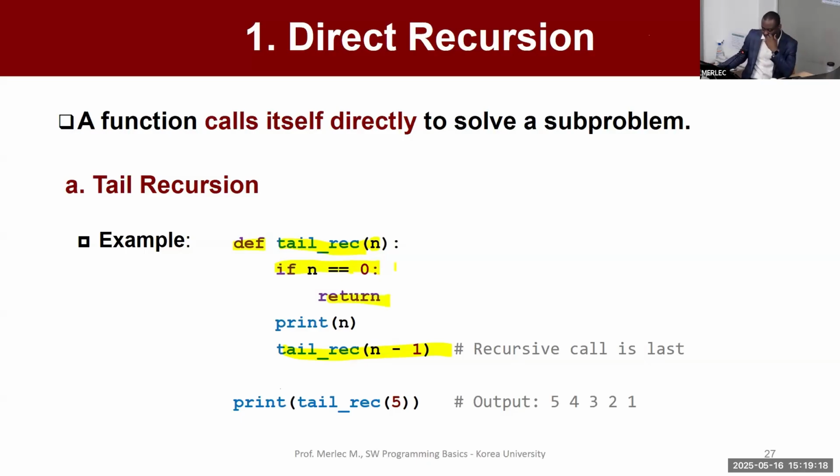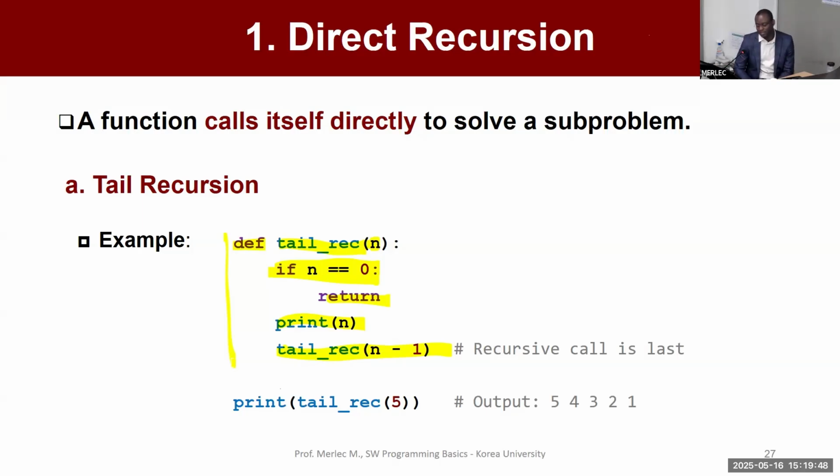That means this is the base case. And then else, if the condition here is not satisfied, that means we should go to the recursive call. Before that, we print the value of n, and then we call the function with n minus 1 until we reach the base condition, where the value of n is equal to 0.